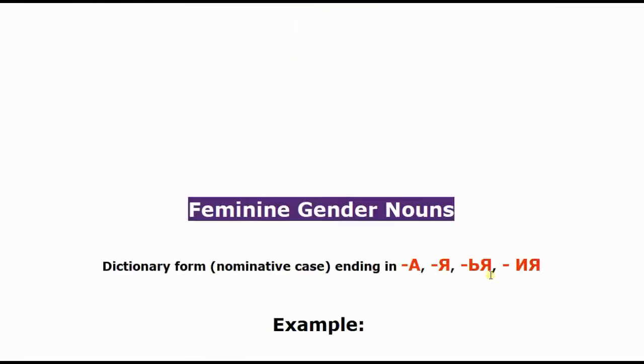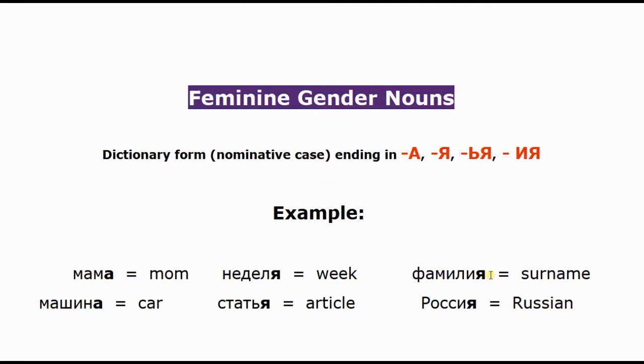So let's talk about the general rule that helps us to establish the feminine gender of Russian nouns. If we look at the dictionary form of feminine gender nouns, I mean the form that can be found in the dictionary, the word that you see when you open the dictionary, and you see that the dictionary form of a noun ends in the vowels A, Ya, or also has the endings soft sign plus Ya and Iya, then you'll know that these nouns are of the feminine gender.